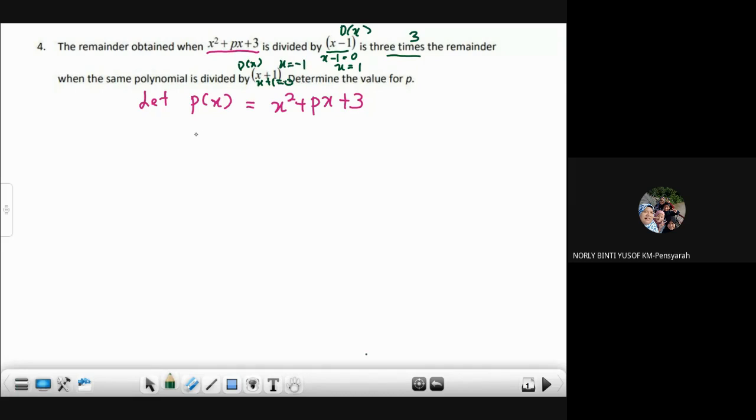So based on remainder theorem, P(1), that means the divisor when equals 0, equals 3 times the remainder when x plus 1 equals 0, so P(negative 1). Itu daripada ayat the polynomial divided by x minus 1 is 3 times the remainder when the same polynomial is divided by x plus 1.